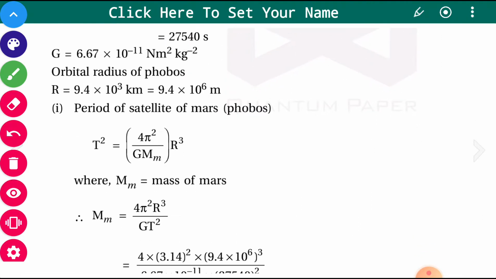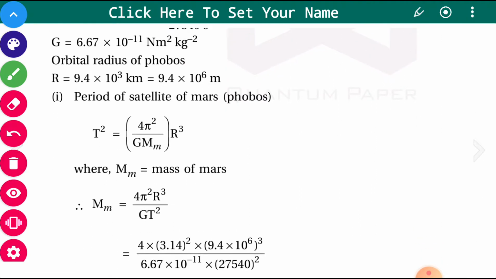Now the period of a satellite of Mars is given by the formula that we have derived on page number 194.